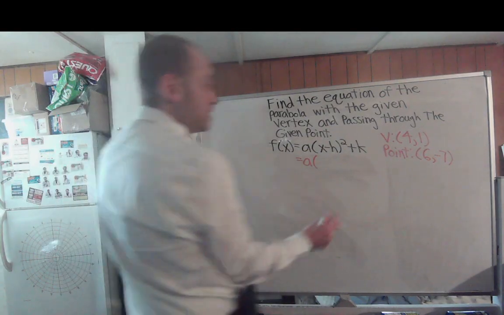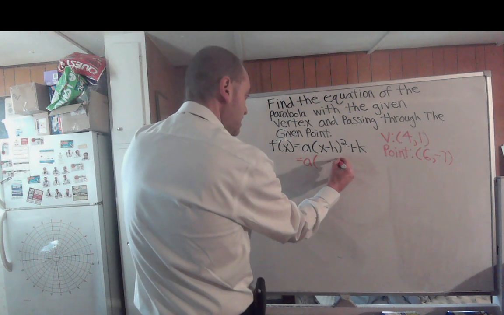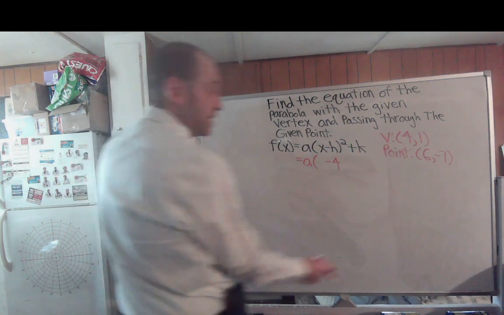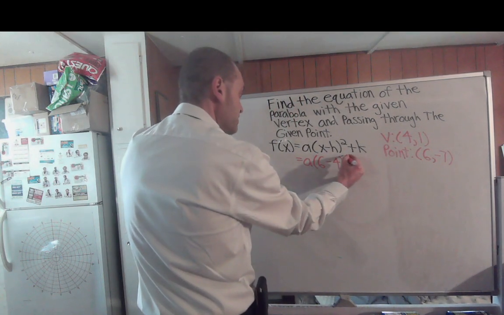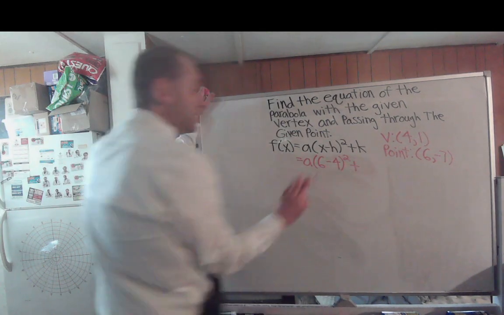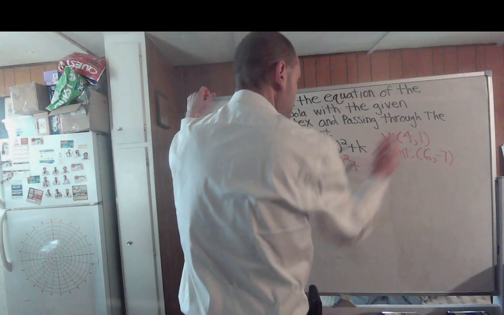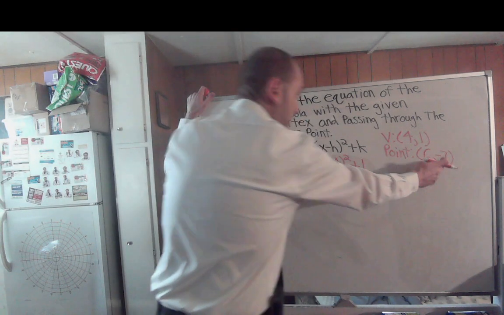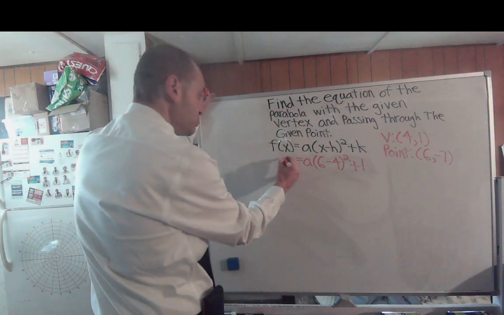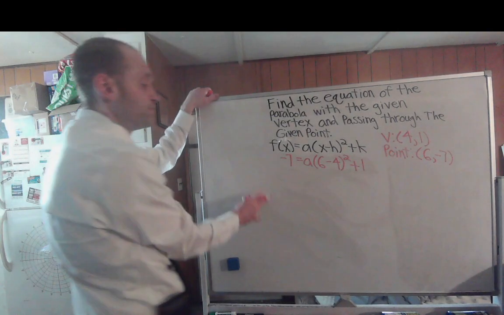Now, the x-coordinate of the vertex is 4, so this is definitely going to be minus 4. Now the x-coordinate of the point is 6, so this would be 6 minus 4 squared, plus that k is the y-coordinate of the vertex, so that'd be plus 1. And then the y-coordinate of the point is negative 7. In this case, you'll substitute that negative 7 in for f of x.